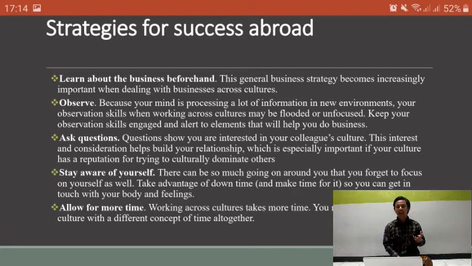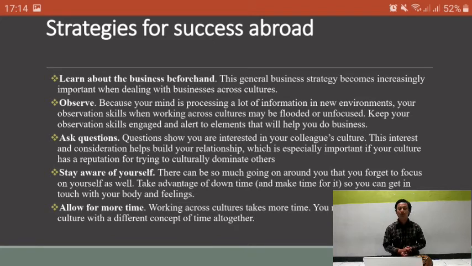The third is ask questions. Questions show you are interested in your colleague's culture. Next is stay aware of yourself. There can be so much going on around you that you forget to focus on yourself as well.